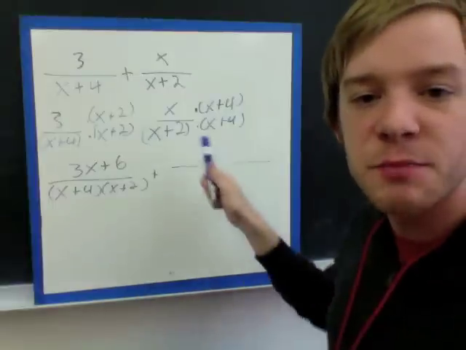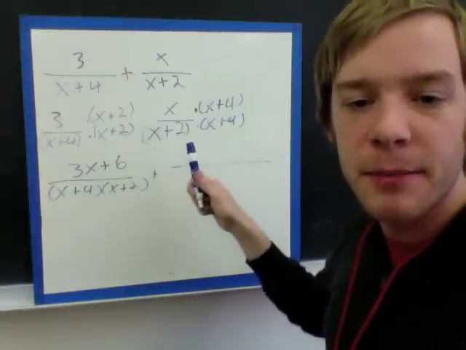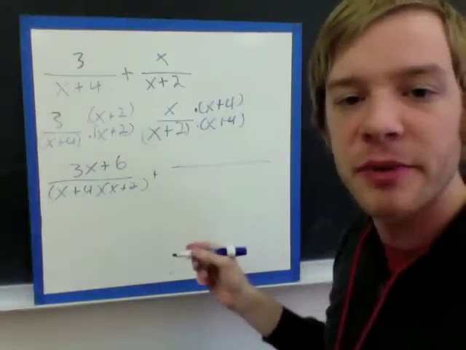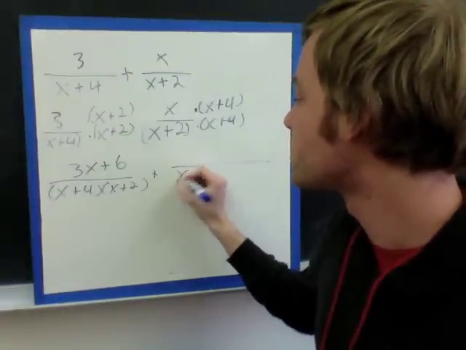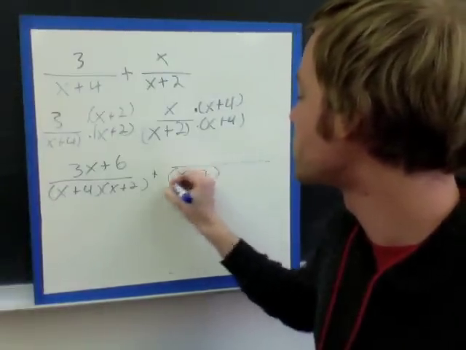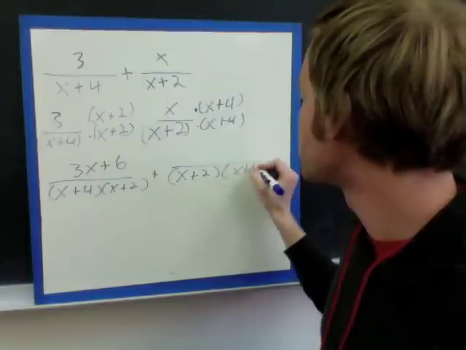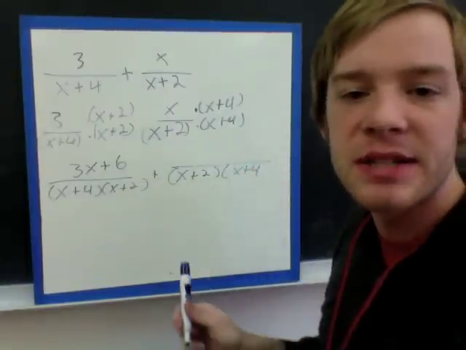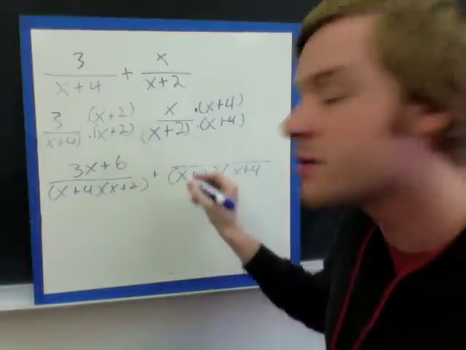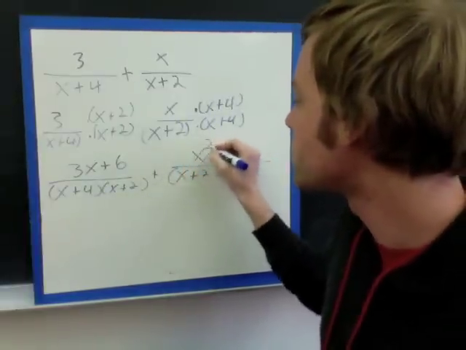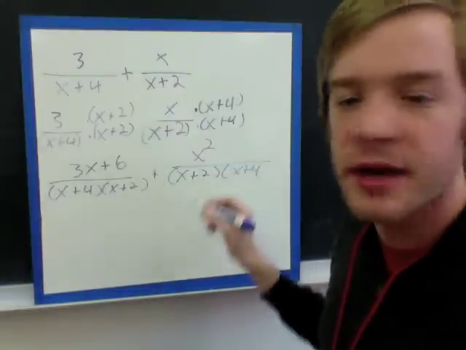Once again, I just put my denominator, my parts of my denominator together. I'm not multiplying them. So I have x plus 2, x plus 4. And then in the top, I'm actually going to multiply this out. So x times x is x squared, and x times 4 is 4x.